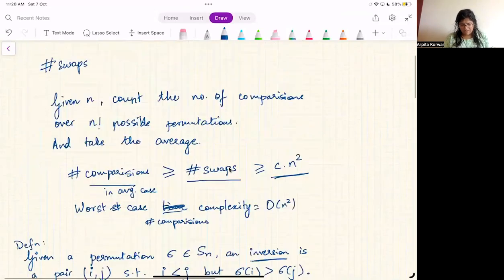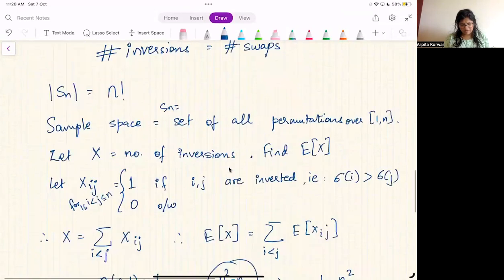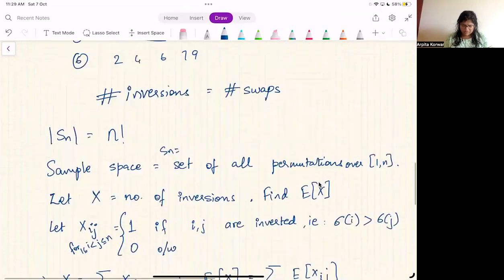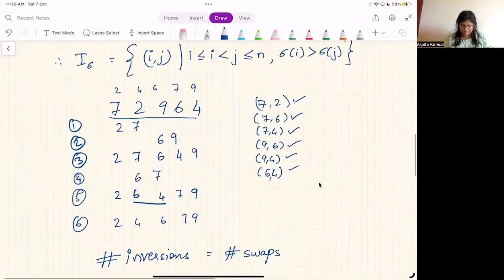And again, if we go over all permutations, we have seen that the number of inversions is greater than n squared by 4. Now, what remains is to show that the number of inversions is equal to the number of swaps for insertion sort.